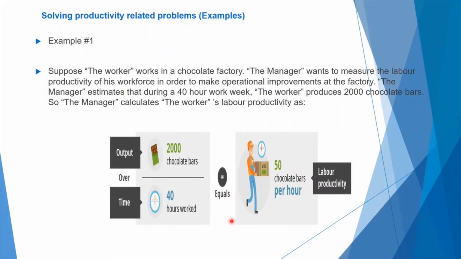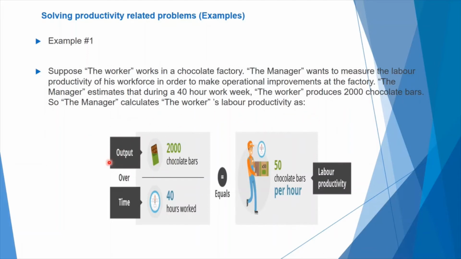Suppose the worker works in a chocolate factory. The manager wants to measure the labor productivity of his workforce in order to make operational improvements at the factory. The manager estimates that during a 40-hour work week, the worker produces 2,000 chocolate bars. So the manager calculates the worker's labor productivity as follows.